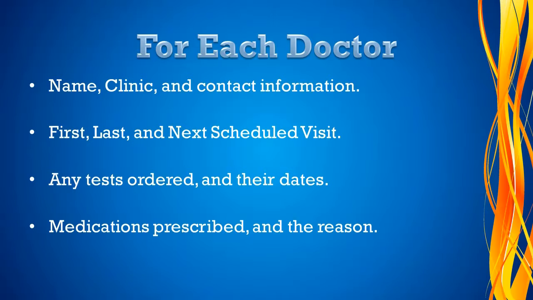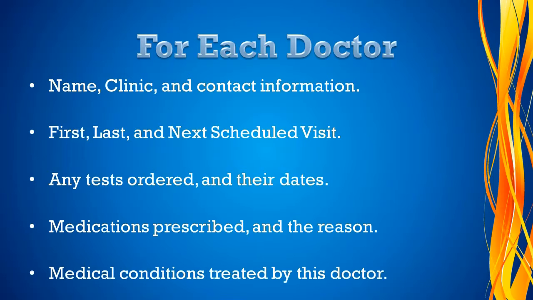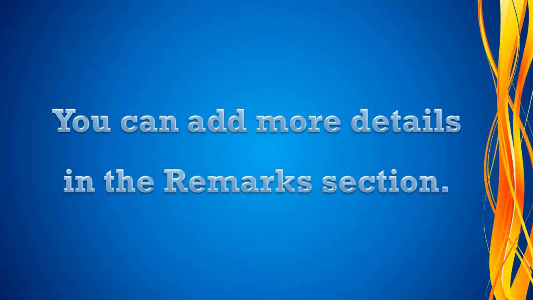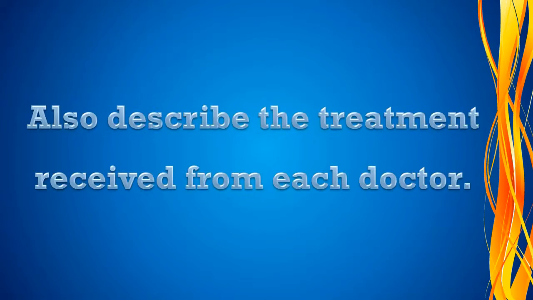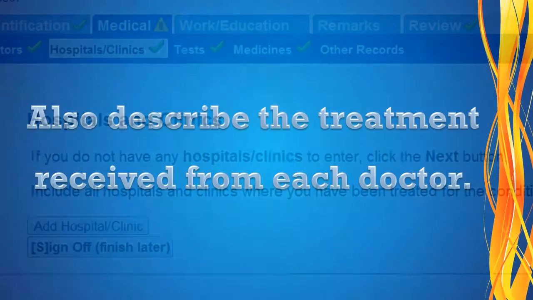In the next section, you'll have the chance to explain to Social Security what medical conditions were treated or evaluated by this doctor. You can write a more detailed description of how your disability affects your daily life in the remarks section, which comes at the end of this report. The next section is where you'll provide the information on what medical treatment you received from this doctor.